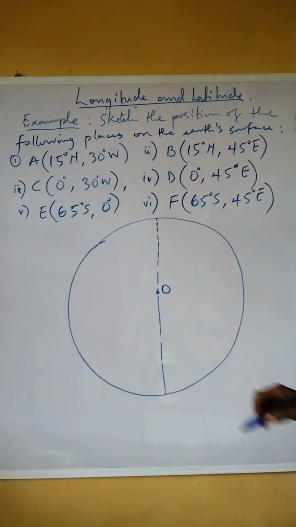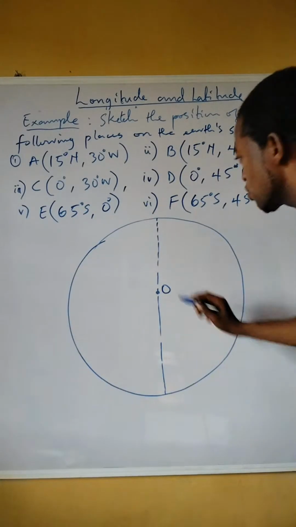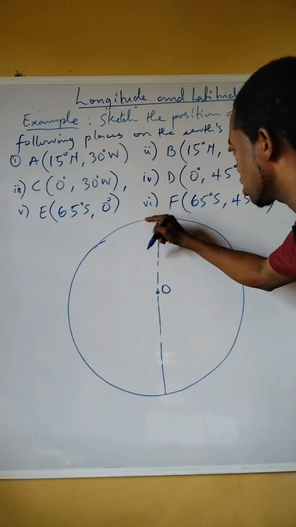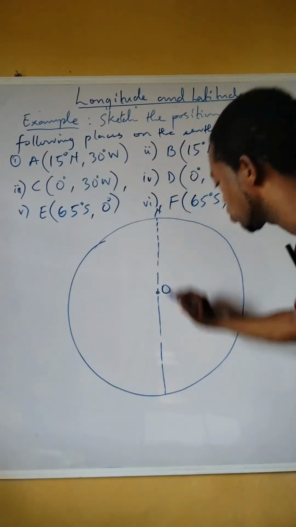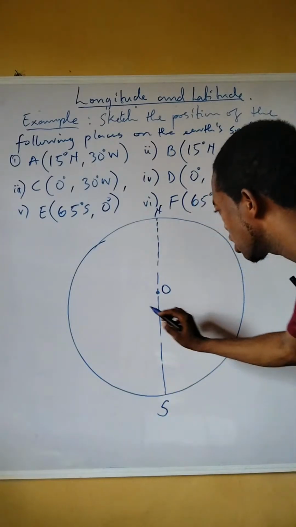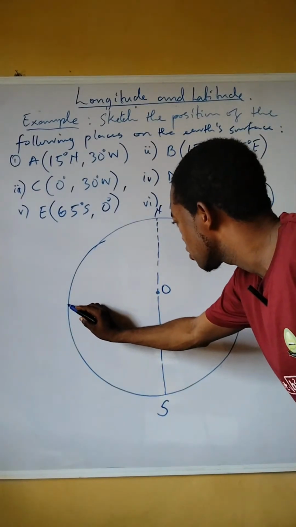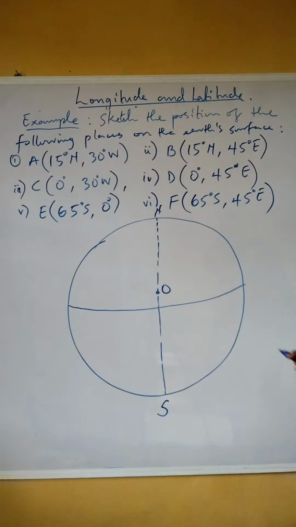Here we have the North Pole, the South Pole, and very close to the center you have your equator, and this you label as equator. And don't forget that equator is the same thing as latitude 0 degree. So when we talk about equator, it's also a latitude, but it's of 0 degree, right?